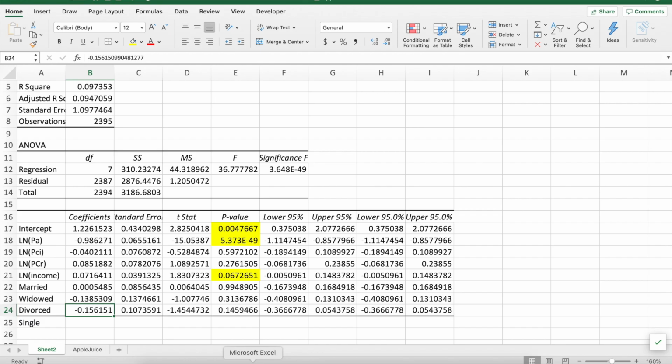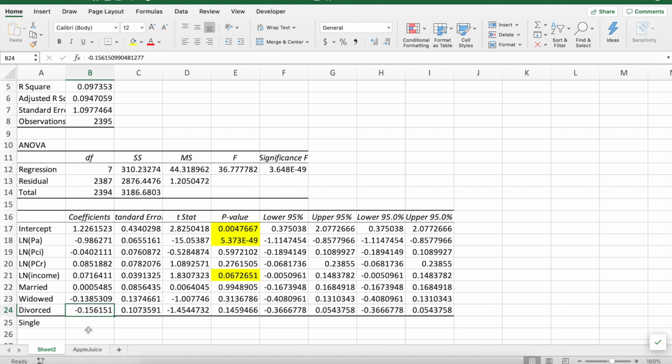So if we go back to our results, if we were supposing that this coefficient was significant, what this would say is that divorced households, on average, are consuming 15.6% less apple juice than single households. Again, this is relative to the omitted category, which is being single. To interpret this log linear model, we need to multiply it by 100, right?